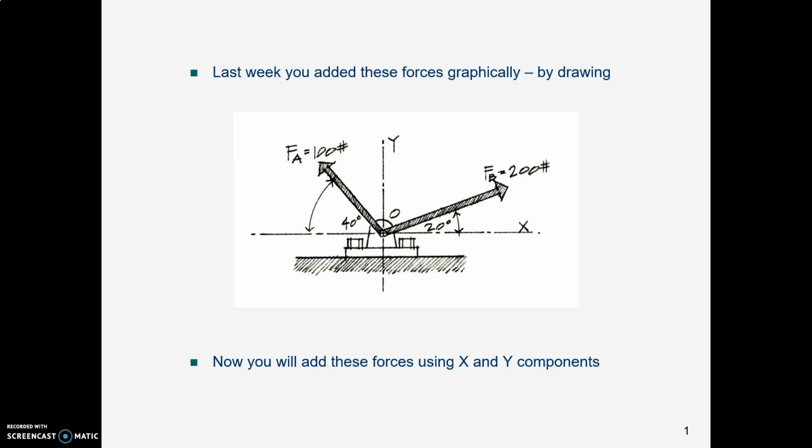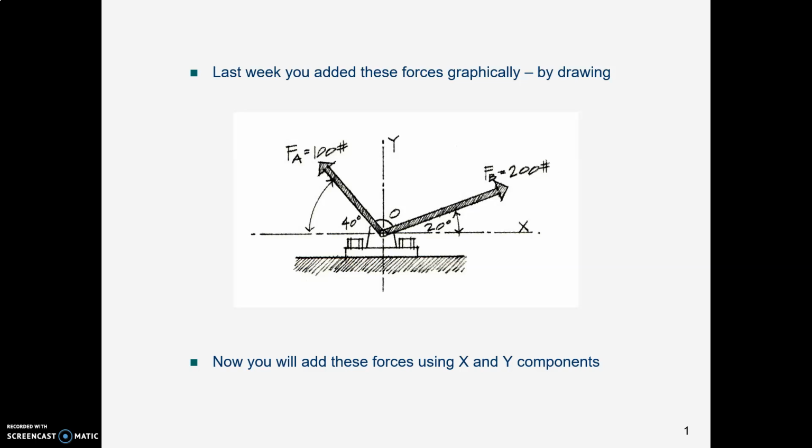Let's look at what you will actually do in your quiz for this time. You'll probably recognize these arrows. You remember that last time you stuck them together tip to tail in a CAD drawing. You used the graphical method to find the resultant of those two forces.